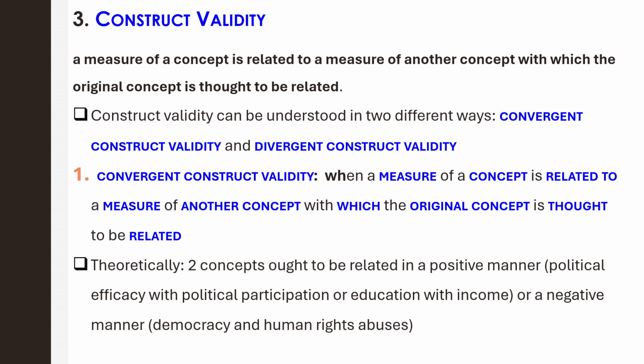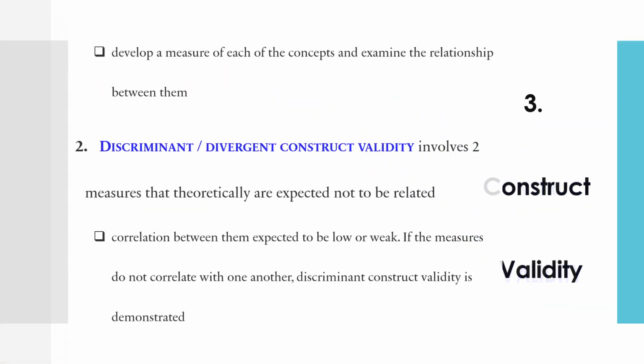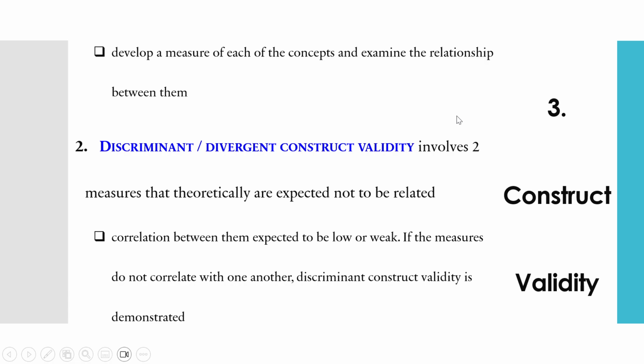Now, the negative correlation would be, for example, autocracy and human rights. I don't think you're going to find those two things going positively together. When one goes negatively, the other goes positively. If there are a lot of human rights abuses, then you will probably not find democracy.